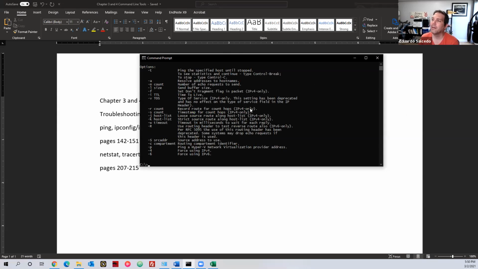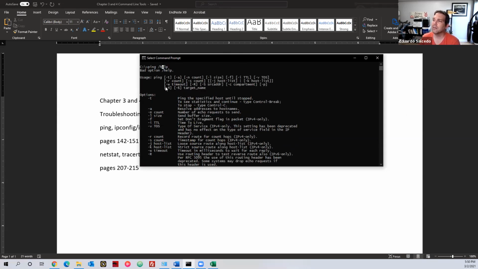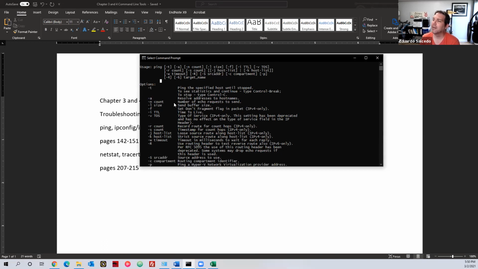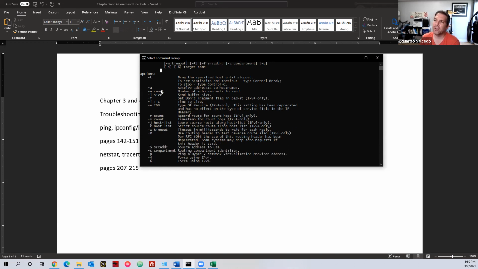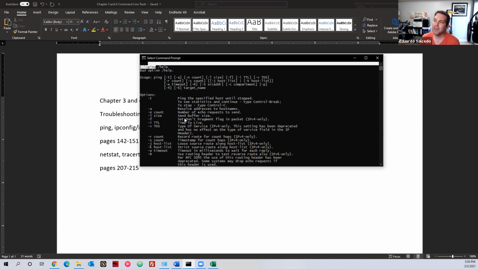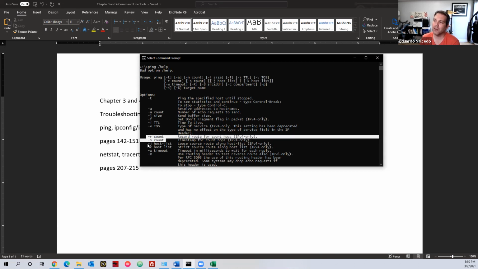Yeah, using commands. Okay, it's not help, but that brings it up anyway. Using commands like ping and then space dash something in order to get some sort of information out of the network, for example.